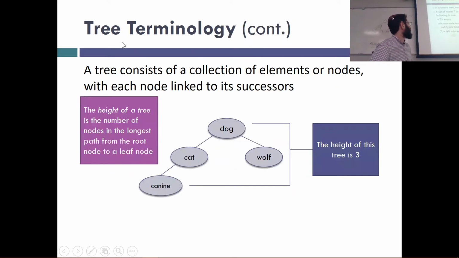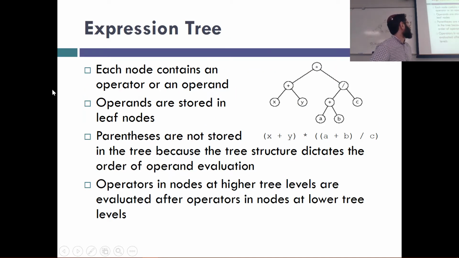There was a slide about expression trees, which was that every node contains either an operator or an operand. The operands, in other words the actual variables, are stored in the leaves, and all the operators are internal nodes. When you store an expression like this, you don't need parentheses because it's implied. It's x plus y times the result of a plus b divided by c.